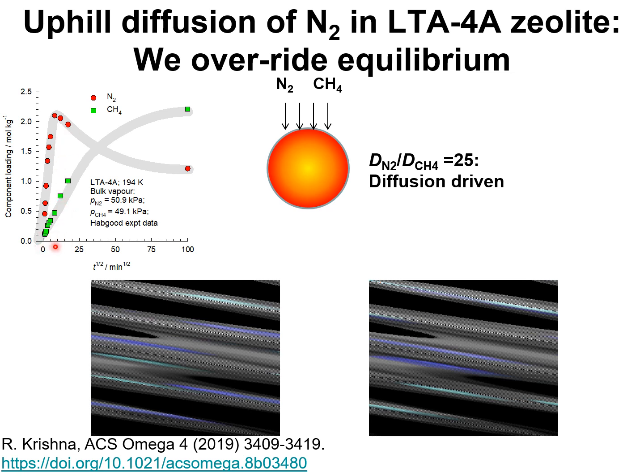In the initial stages of the transients, where the x-axis is the square root of the time, the loading of nitrogen is significantly higher than the loading of methane. Therefore, if we terminate the uptake process at this time interval, the pores will be richer in nitrogen, and methane will get rejected into the gas phase.